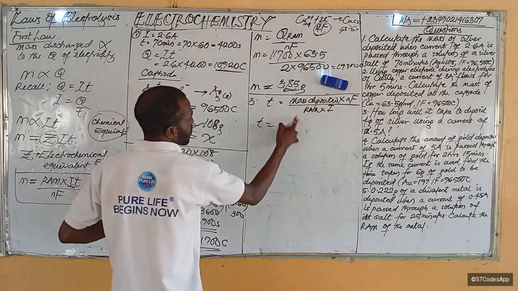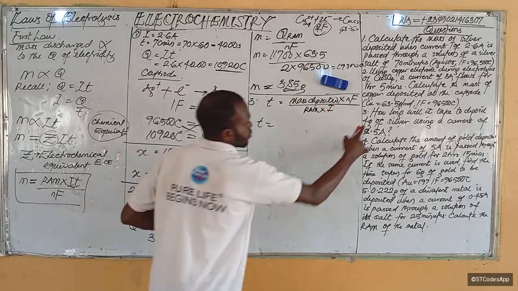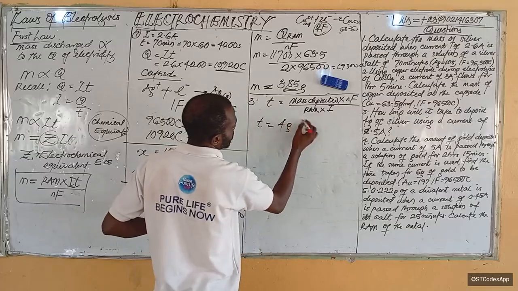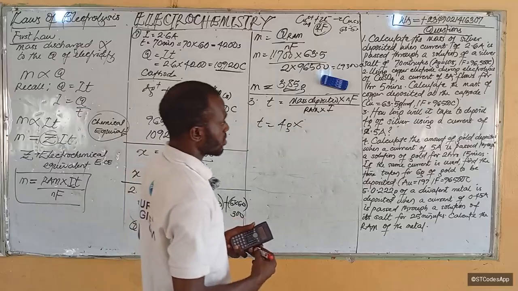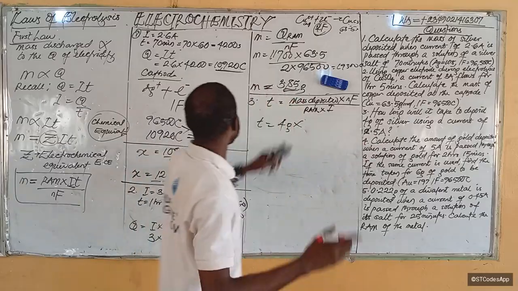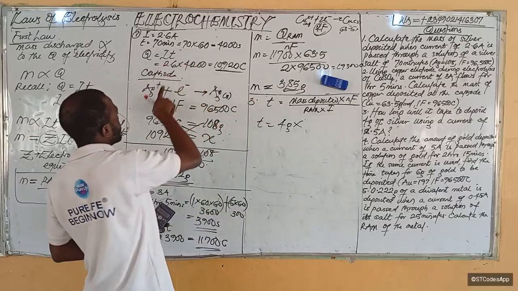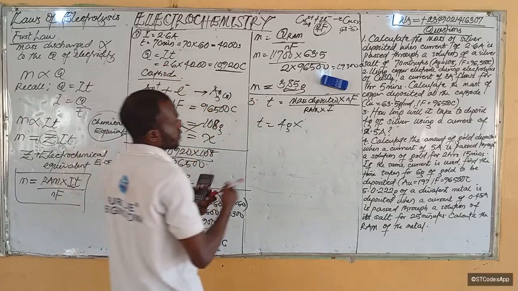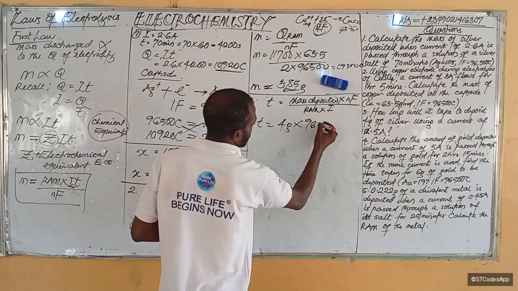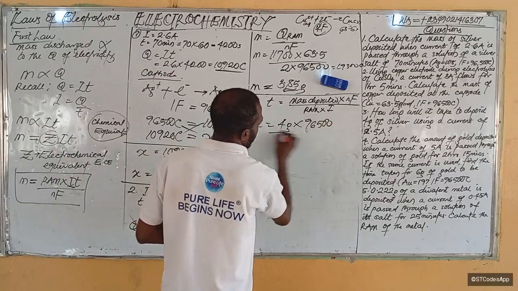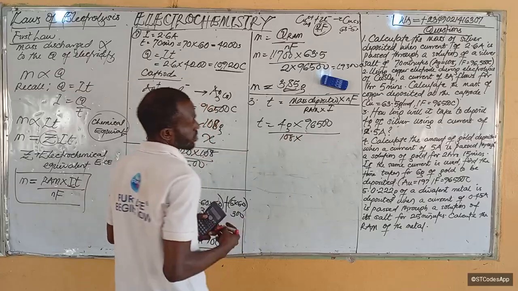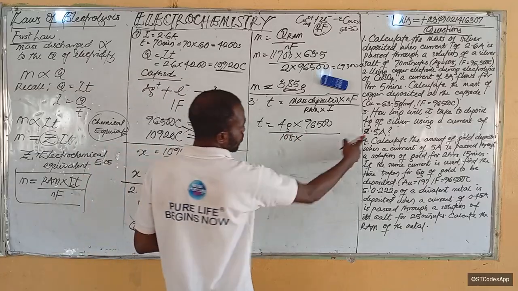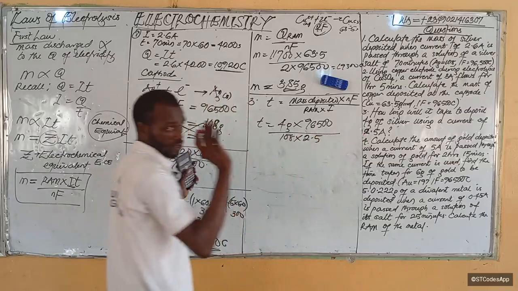Exactly. So T therefore becomes, what's the mass deposited? To deposit 4 grams times NF. What's the metal? That's silver. Silver needs 1 Faraday, right? So that is 96,500 times 1. Is that okay? Over RAM of silver, which is 108, times I. What is I? Current is 2.5 amperes.